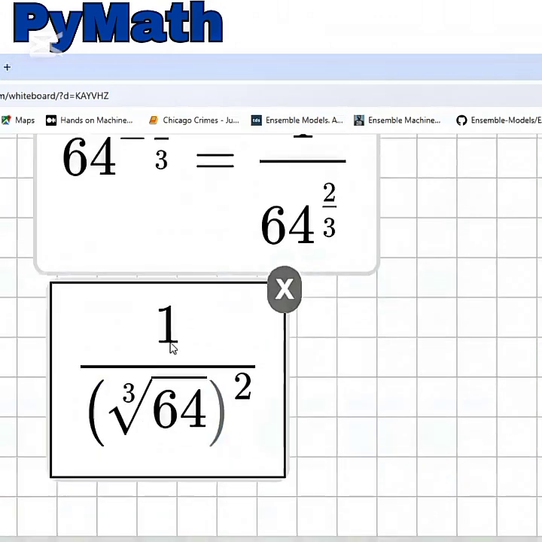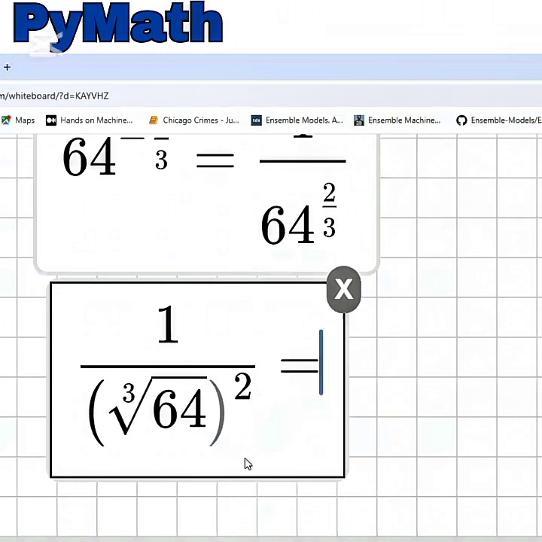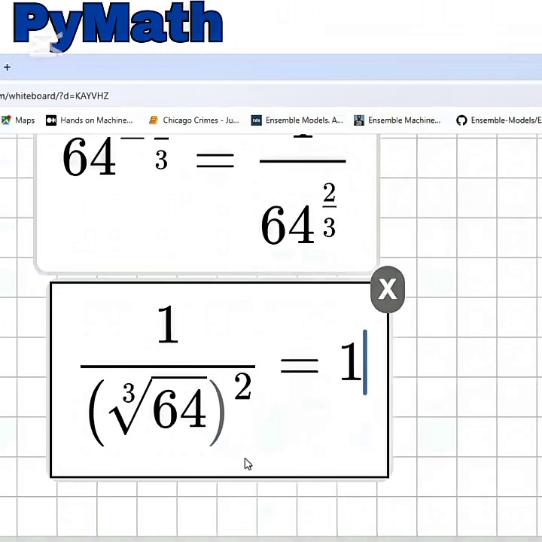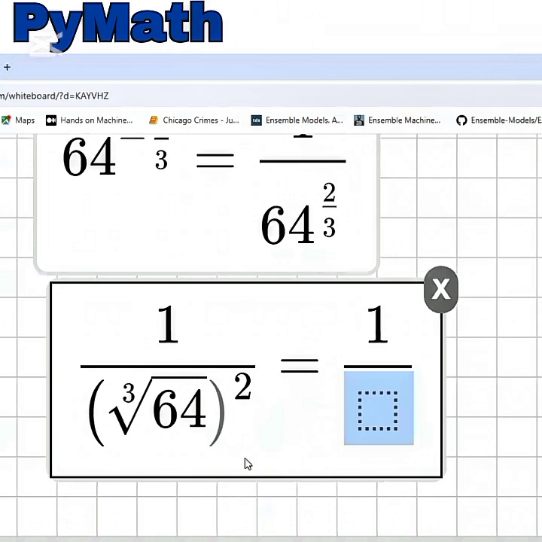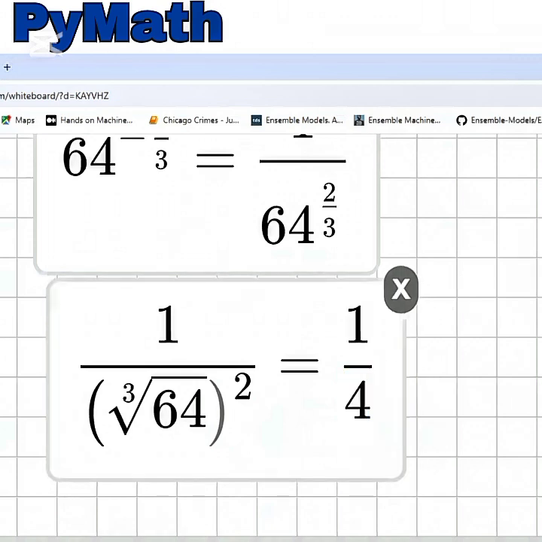If we take one step further, this is equal to 1 all over, and the cube root of 64 is 4. So that will be 1 all over 4 to the power of 2.